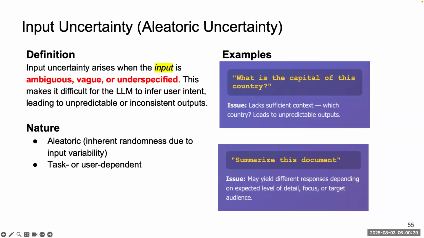Another example: when you prompt the model to summarize a document, it might yield different responses depending on the expected level of detail or focus you want your language model to have. My personal thinking is that if your input is ambiguous, it should be considered aleatoric uncertainty, since it is inherent randomness because of input variability.